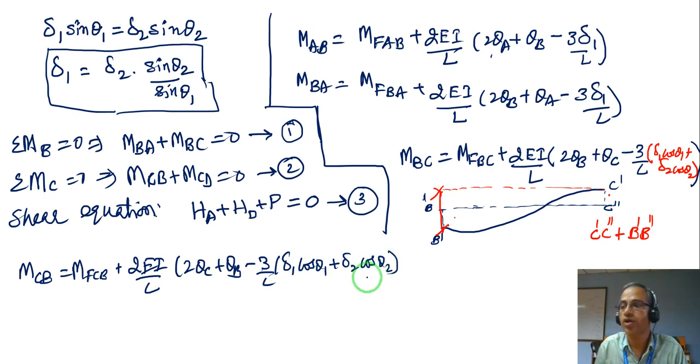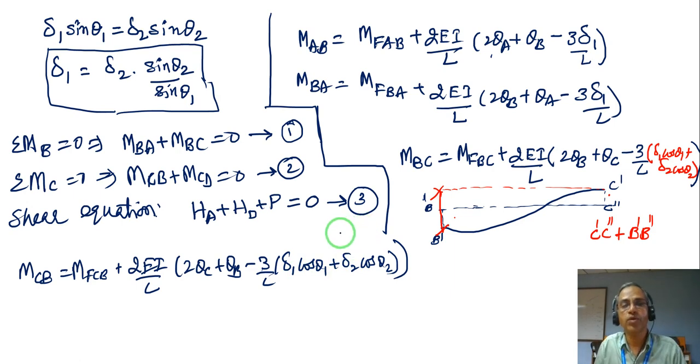It's very important. Anyway, I establish a relation between delta 1 and delta 2, I can substitute here and get only one unknown.